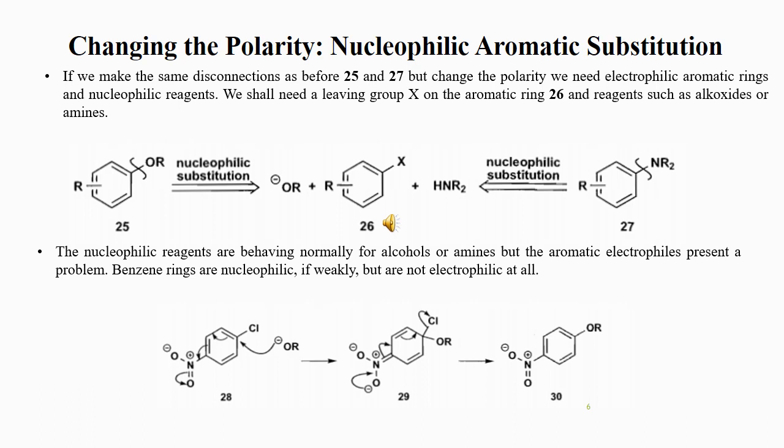So when a nucleophile comes on the benzene ring, the ring should be a bit deficient in electron density, with a bit of positive character. For that, if there are electron withdrawing groups on the benzene ring, that will make it potent for nucleophilic substitution.